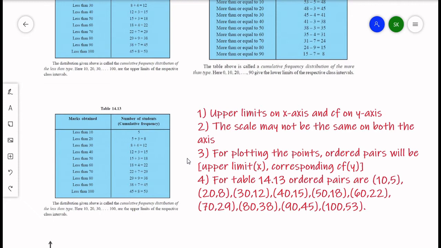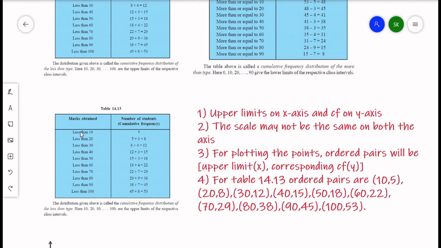Now, when we plot, children, we know there is an x-axis, a y-axis, and we need ordered pairs. So let's start with the very basic thing. On the x-axis we will take the upper limit, and on the y-axis we will take CF. That means come to table 14.13.